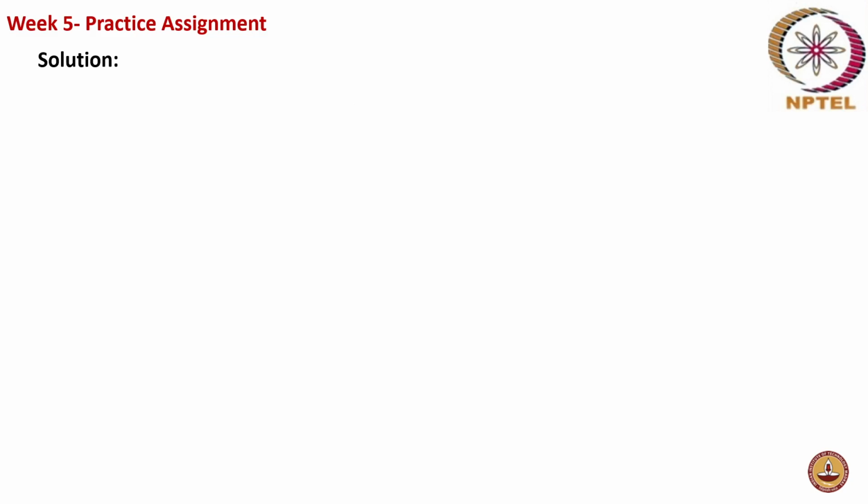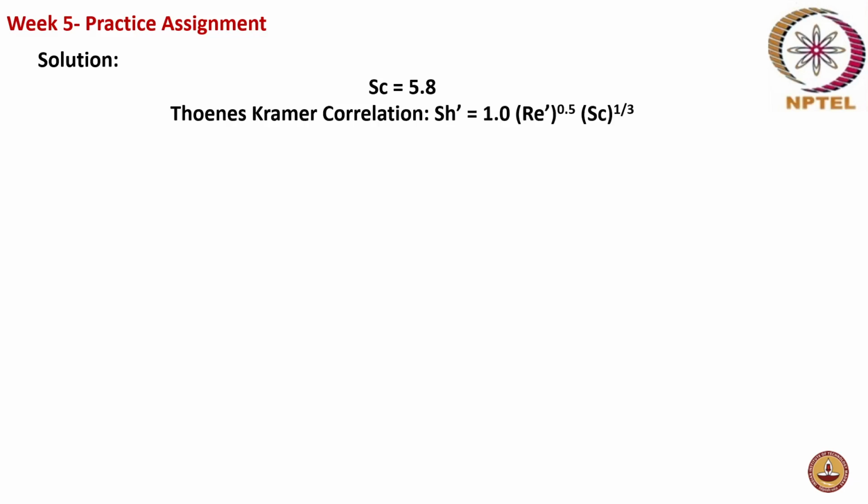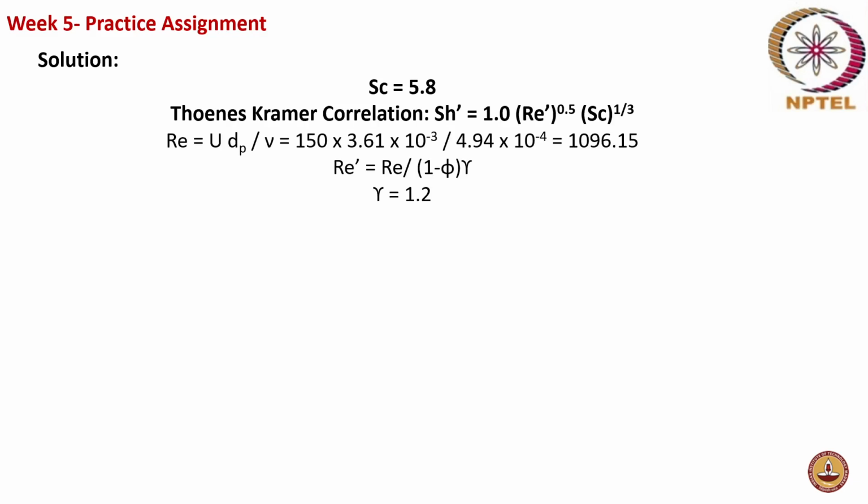Now we have the Schmidt number. So substituting for the terms in the modified Reynolds number, modified Reynolds number is equal to Reynolds number divided by 1 minus phi into gamma. Your Reynolds number is 1096.15 divided by 1 minus your porosity 0.4 multiplied by shape factor 1.2.